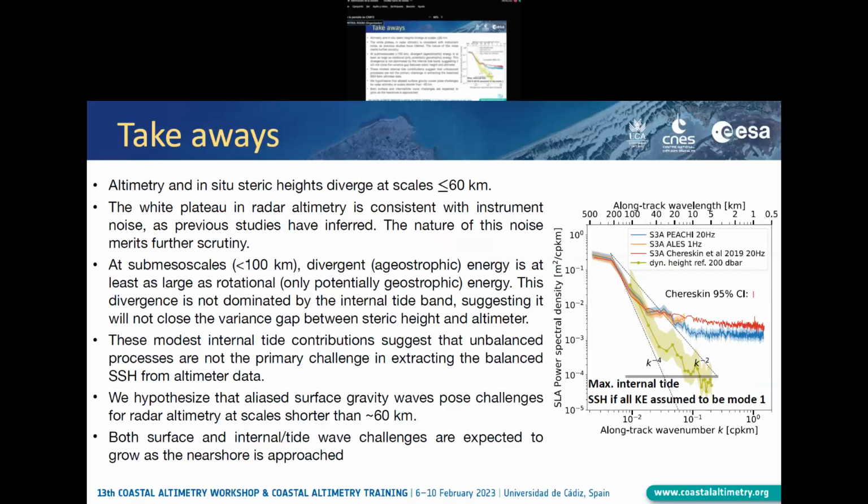As far as we can estimate its signature based on the kinetic energy in the radar, this is where it would sit at a very conservative estimate, considering that all that energy and motion concerns a very large internal wave. It's probably not the case.